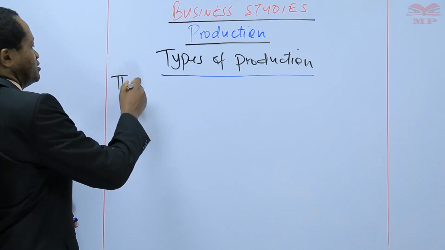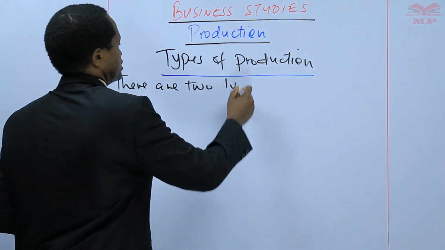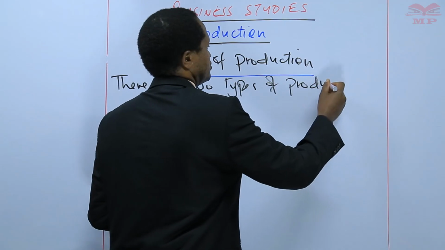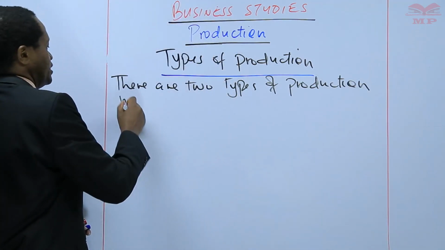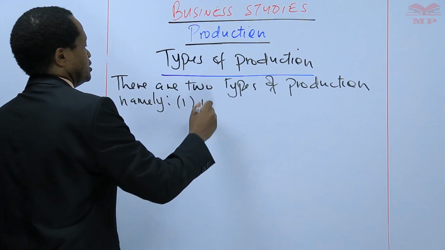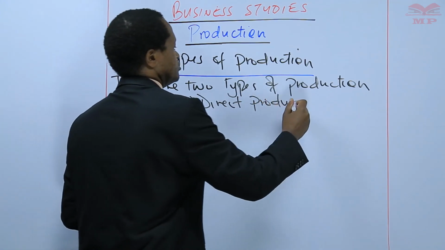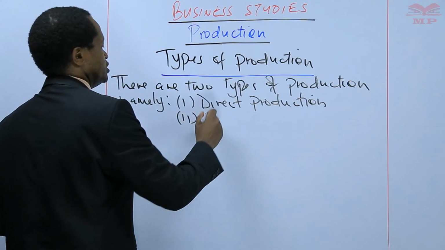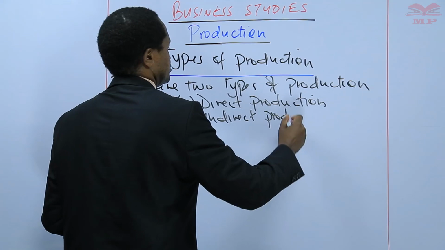There are two types of production, namely, one, direct production, and two, indirect production.